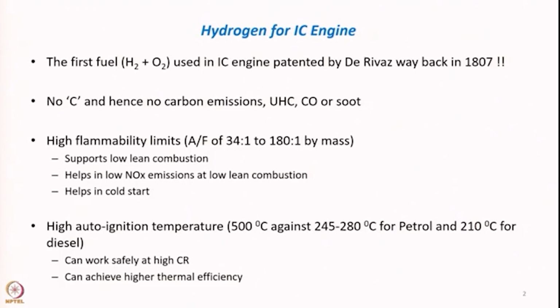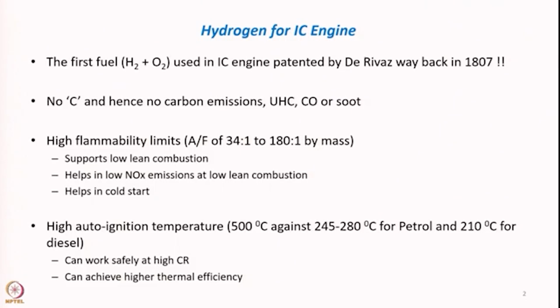Now, everyone is talking about carbon dioxide emission, but in the IC engine there are other emissions, as you know: carbon monoxide, NOx, SOx, unburnt hydrocarbons, and black soot or particulate matter. These are all issues with the conventional IC engines that we are using.